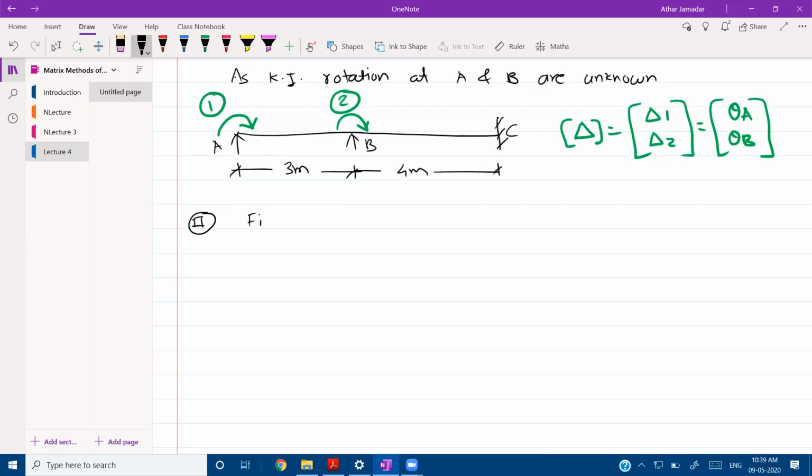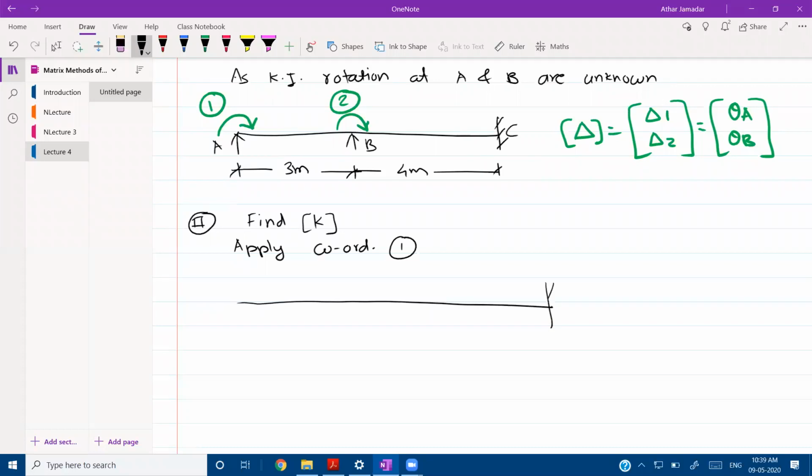Now step number 2 here is finding out the K matrix for the structure. So now this is our beam and these are the coordinate systems we have assumed. So what we will do now, first we will apply coordinate number 1. Remember here, coordinate number 1 is only associated with beam AB.